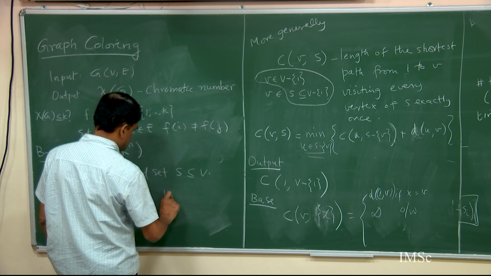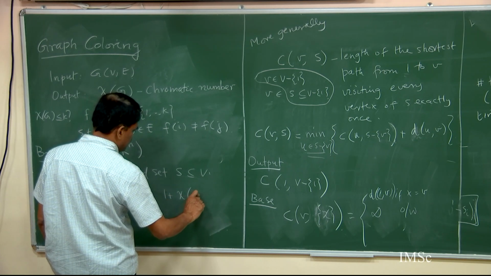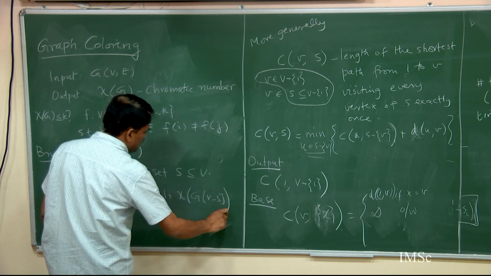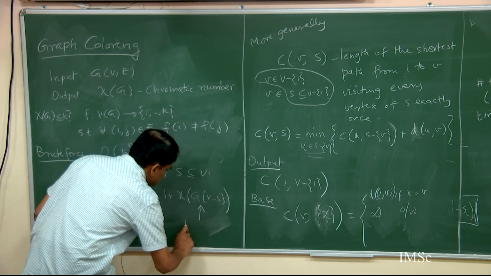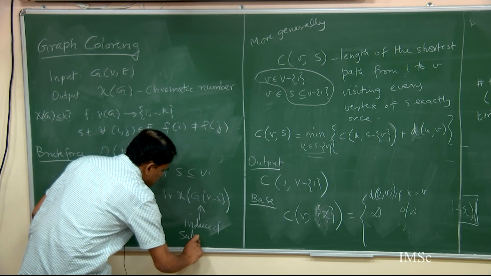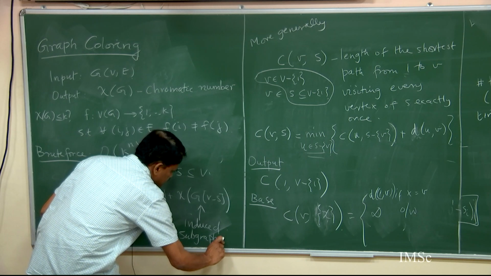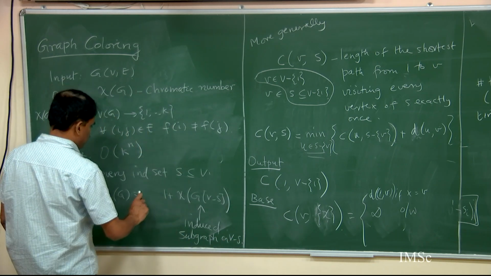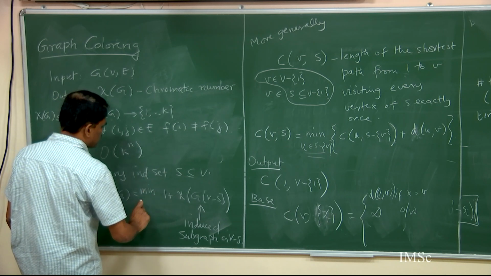So, it is 1 plus chi of G of V minus S. This is the induced subgraph on V minus S. And we try over all possible S.